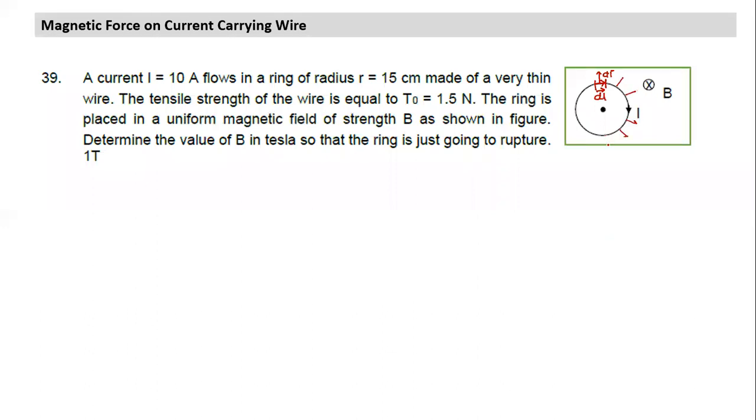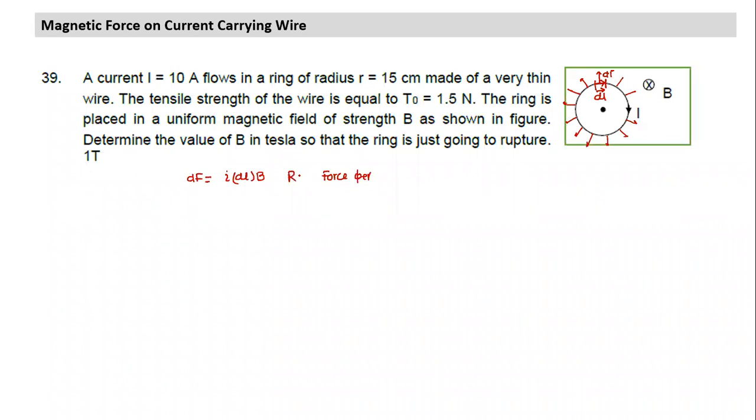I have dealt with this question earlier also. Whenever a force acts in the radially outward direction, the ring will have a tensile force. So what is the force acting on the length dl? It is current into length dl into B, I dl B. What is the radial force per unit length?